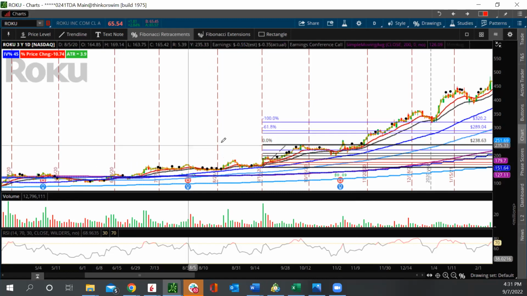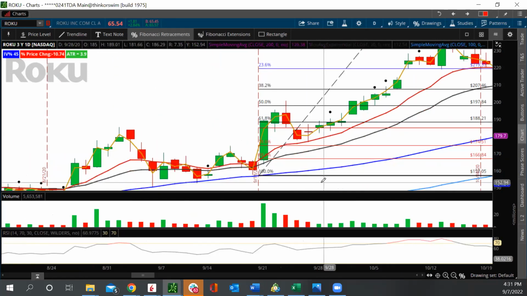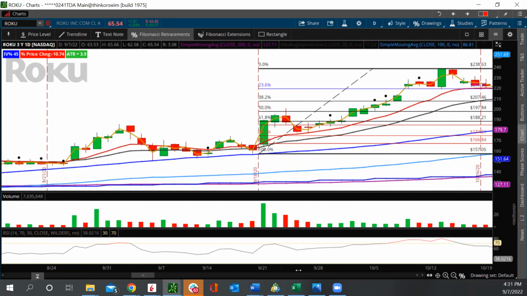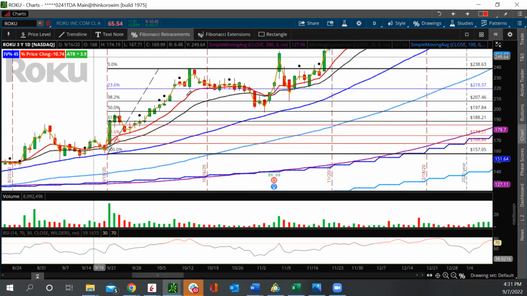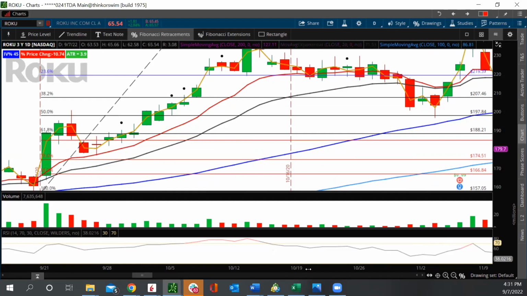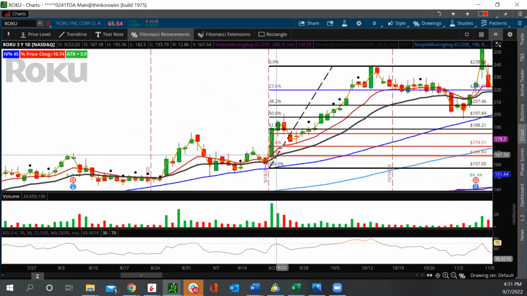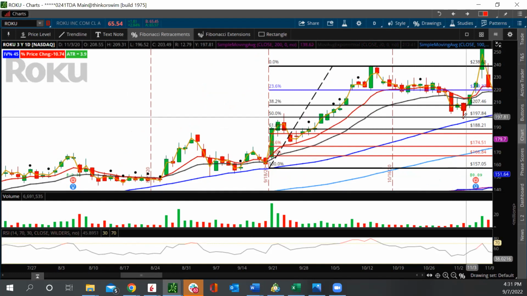Let me zoom in here. Okay, Kyle, on this example, I'm sorry, my screen is so squished. We threw on our Fibonacci retracement tool. Let's say we did a blind limit buy right here, and this would be the 50% retracement.